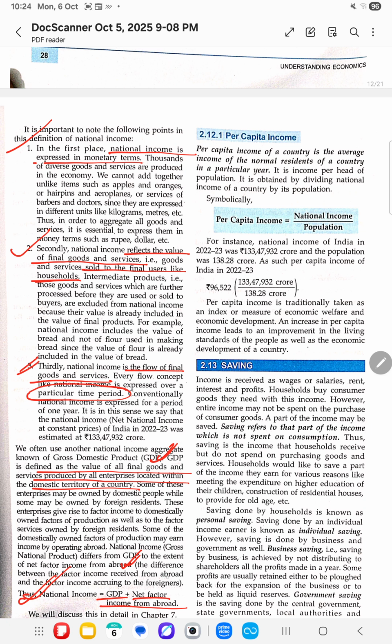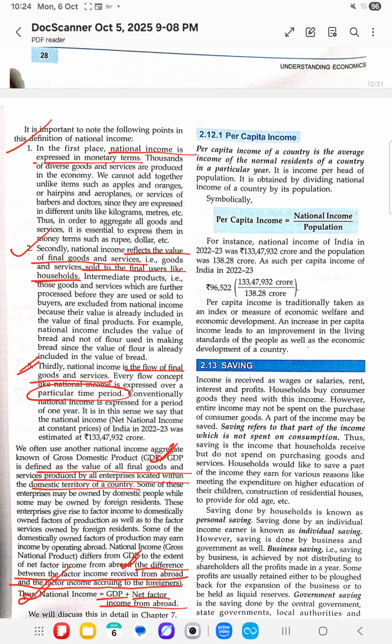Net factor income from abroad is the difference between factor income received from abroad and the factor income accruing to the foreigners. Okay, so factor income received from abroad is if residents from here go abroad and work, so they bring in money to the country, and if foreigners come here and work, they get money to their country, right?